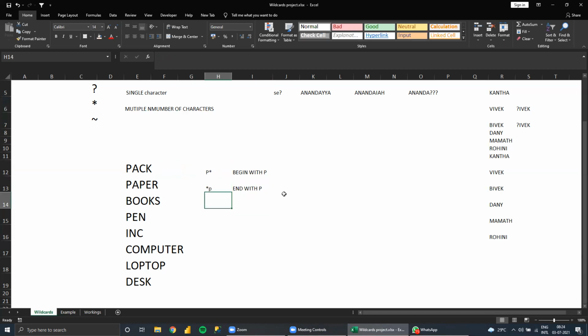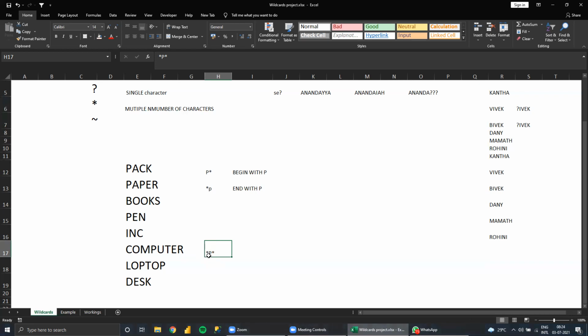Suppose in this case the P is in the middle. Anything can be in the middle, that can be picked. So in the characters, the left side and right side both are stars.